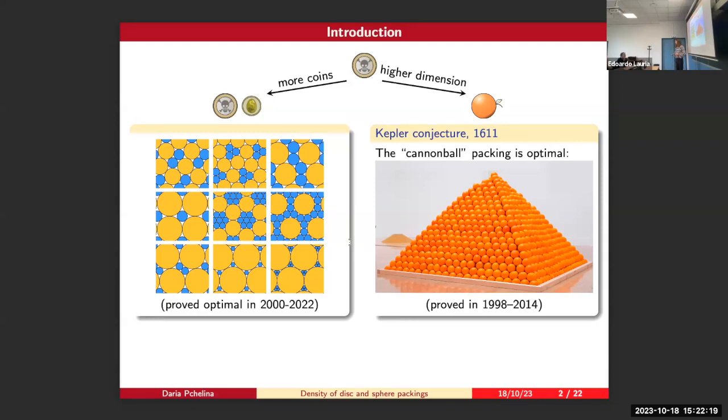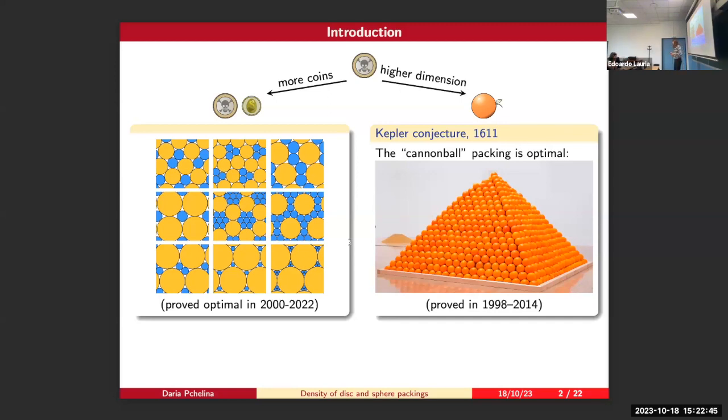Changing the relative size. The difference here is that the largest yellow disk, we can always say it's the unit disk, and the small one can vary between 0 and 1. So there are infinitely many possibilities for pairs of coins. So what's the conclusion for any ratio? For any ratio we can find some optimal packing, in theory, yes.